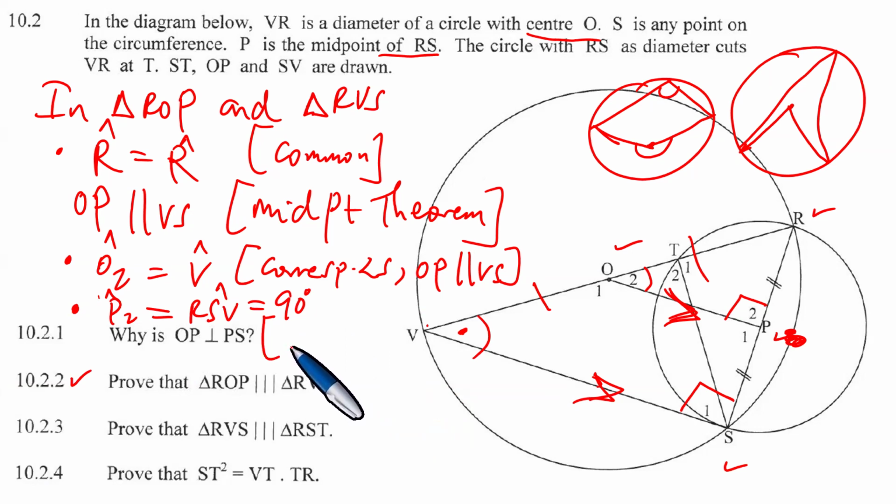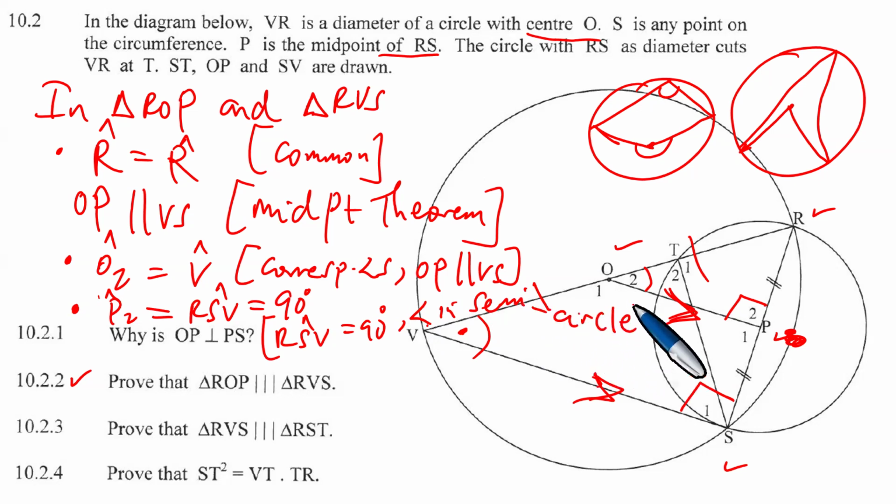So in the end, the reason RSV equals 90 degrees is: angle in semicircle.